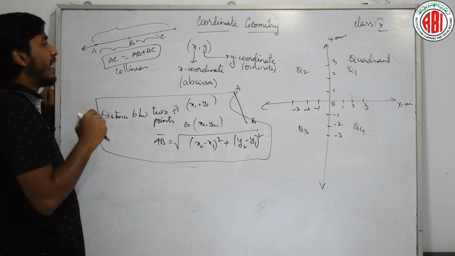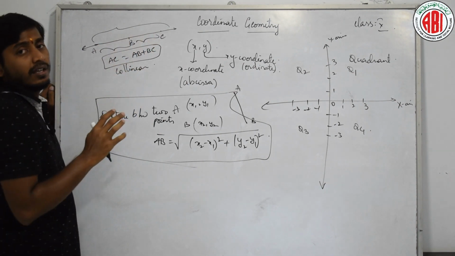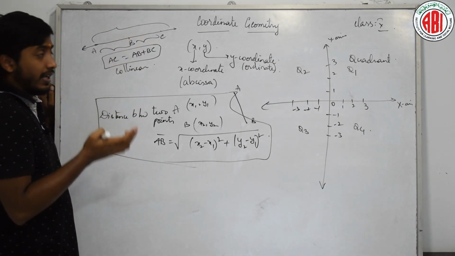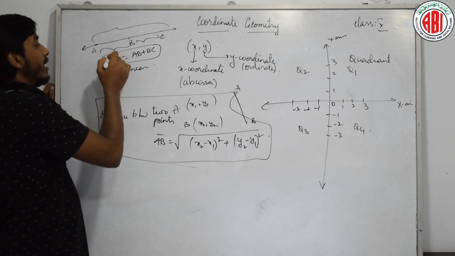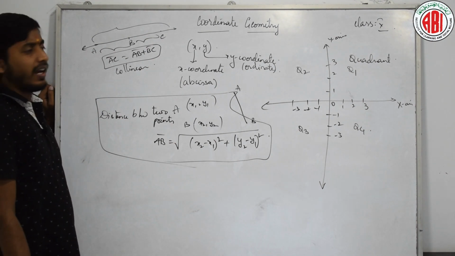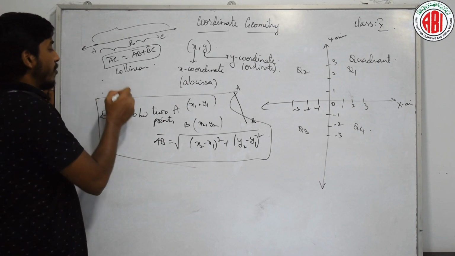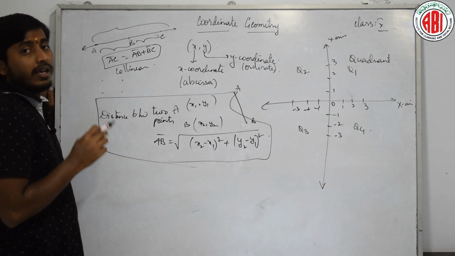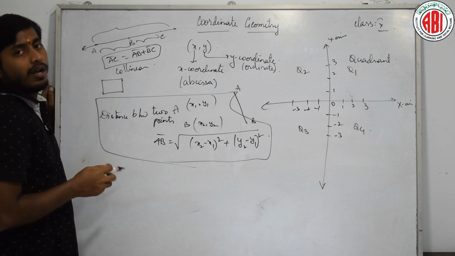Why do we say that? Can't I have any direction where AC is equal to AB plus BC? Can I have? No, right? That's why the collinear condition is clearly given as AC is equal to AB plus BC, right? And you will have a few more problems where they will give you 4 points, and they will ask you to prove these 4 points form a square. How do we do it?